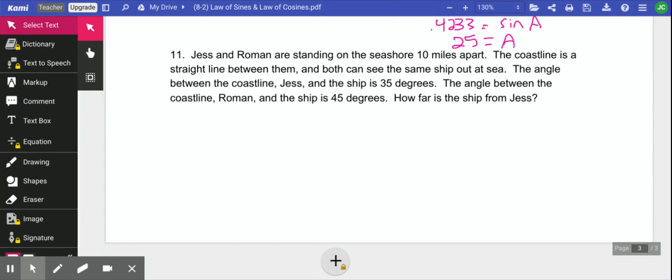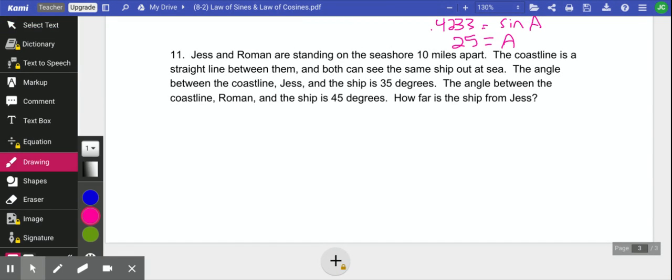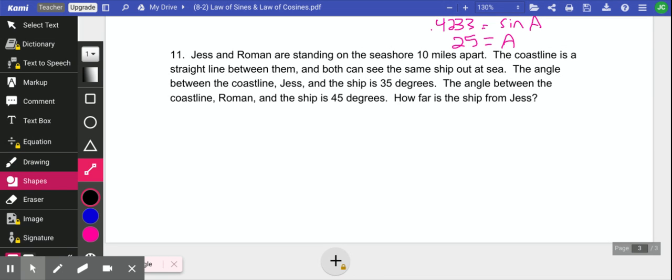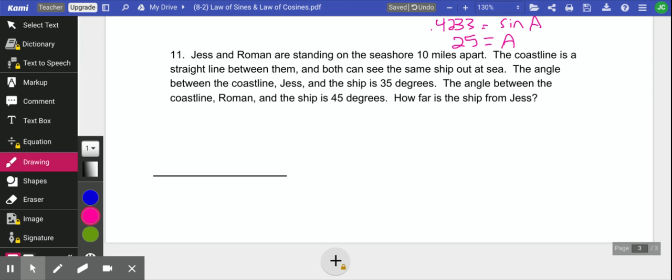Okay. So let's start with the seashore. It's a straight line. Okay. So over here we have Jess, and over here we have Roman, and this is 10 miles apart. And then there's a ship somewhere out there. I don't know where it is, doesn't really matter.